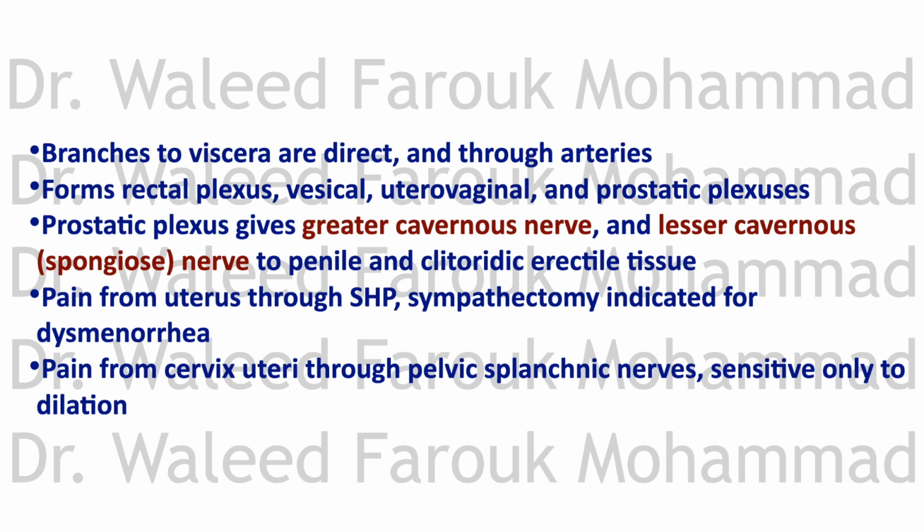Pain from the cervix, on the other hand, and remember the stimulus for pain from the cervix, it's only dilation. I mean, literally, you can cauterize the cervix without the female feeling any pain. Pain from the cervix uteri is carried through the pelvic splanchnic nerves and is sensitive only to dilation.